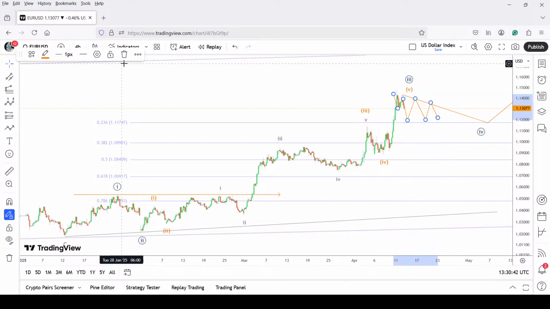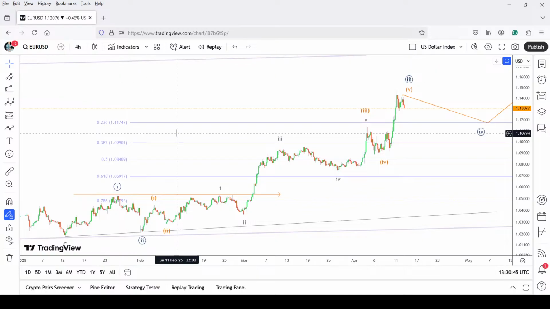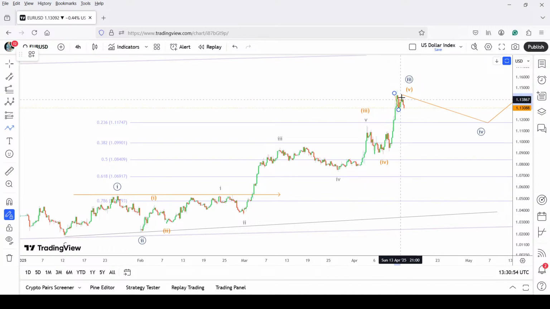And if it is not unfolding as a triangle and it's simply unfolding as a 3-3-5 flat, then we should be seeing prices dragging lower directly from here, possibly pushing through 1.1175, which is the 23.6% retracement, possibly towards the 38.2% as well, which is showing around 1.0980.